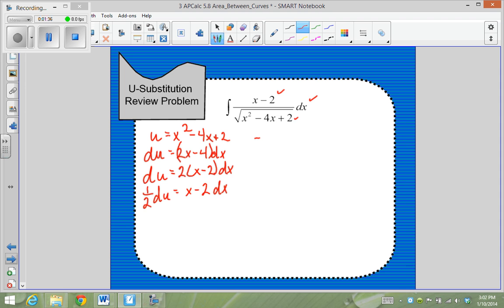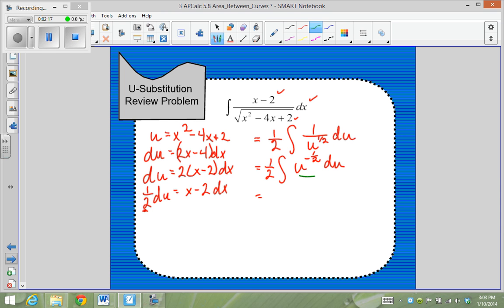So I want equals. Remember the 1/2 from down here will go in front. Integral. And then the x minus 2 dx is a du. So basically what I end up with is a 1 over u to the 1/2 du. Well, easier way, let's make that the integral of u to the negative 1/2 du and integrate that. This would go to a positive 1/2, don't forget.